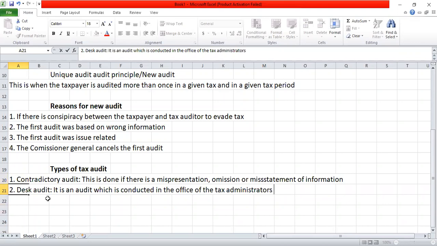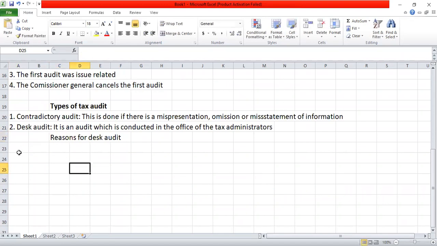So what are the reasons for a desk audit? Why should a tax administrator conduct a desk audit?